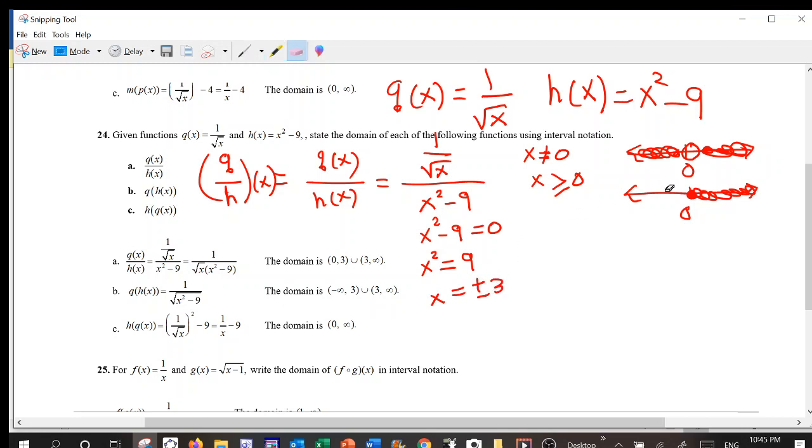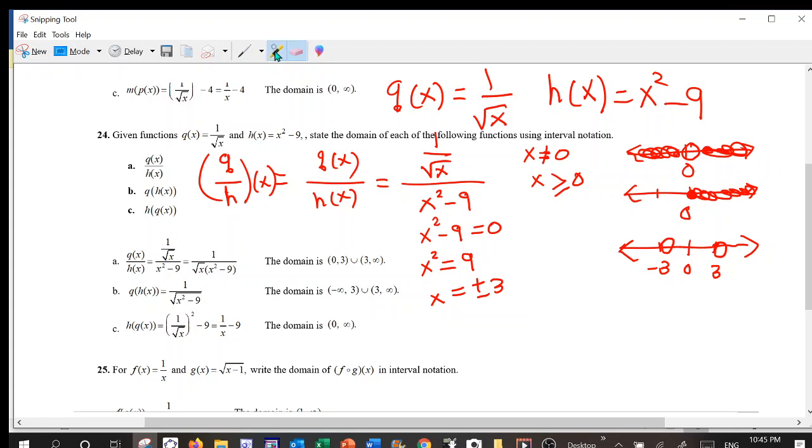So that means x cannot be negative 3. Let me put it here. So here is 0. So that means x can be 3 and cannot be negative 3.